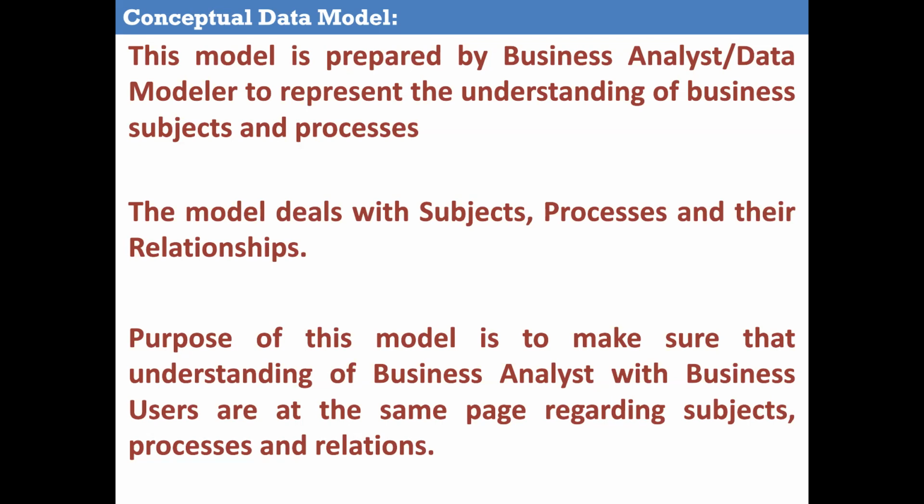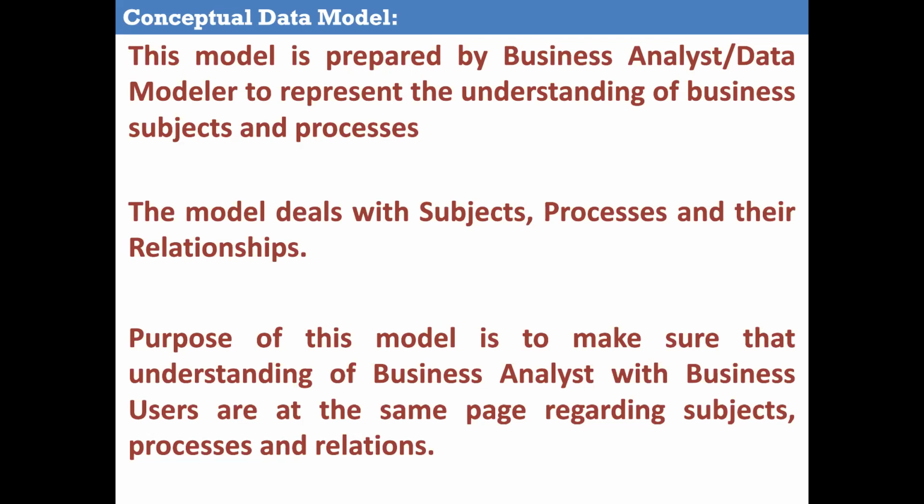But when we come to the dimensional model, it says that all the entities, all the subjects, should be linked with the process directly. That means if I have a sales process related to customer, and customer is related to city, in the ER model you have city related to customer, and customer related to sales. But in the dimensional model, we keep the sales process in the middle, relate the customer with the sales, and also relate the city with the sales directly.